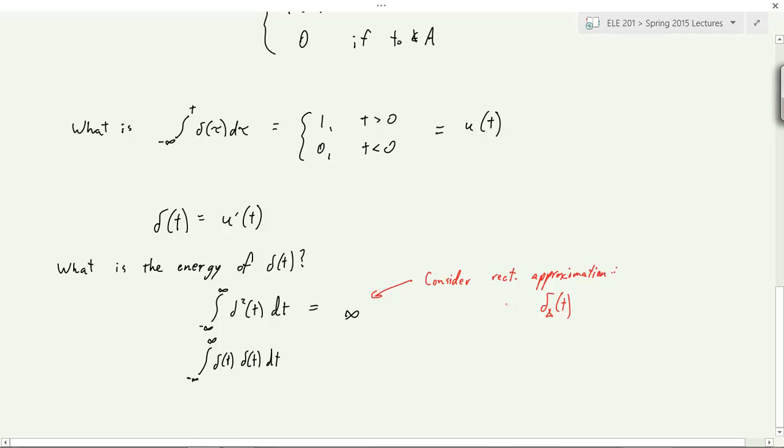If we calculate the energy of this for any delta, you'll get 1 over delta, because it's a rect with height 1 over delta, you square it and integrate, and you just get 1 over delta. And this goes to infinity as delta goes to 0. So there's another argument why maybe it's infinity, but the bottom line is don't try multiplying delta functions. We're not going to have a good definition for that.